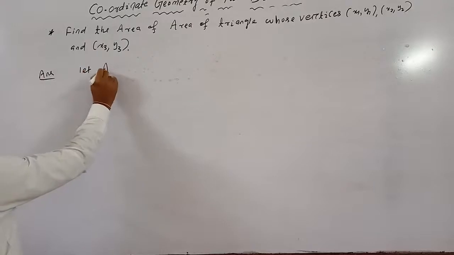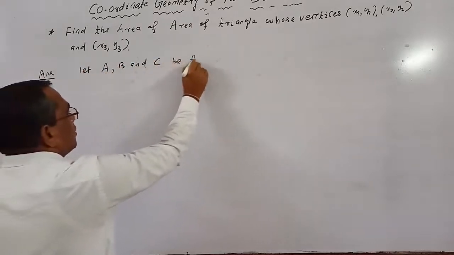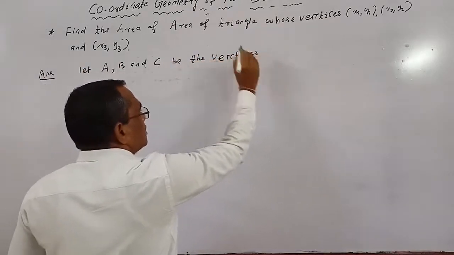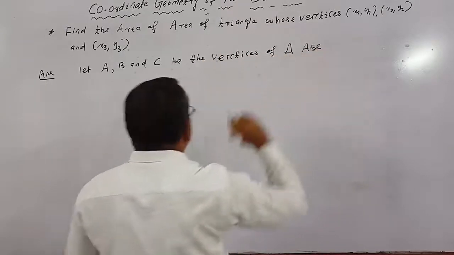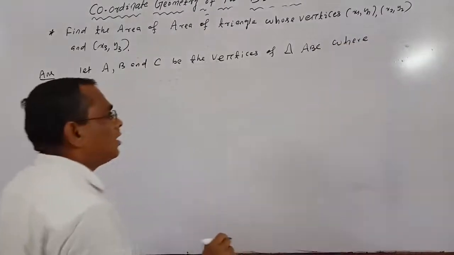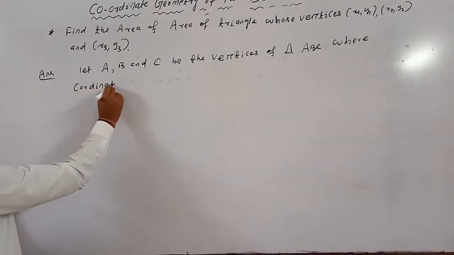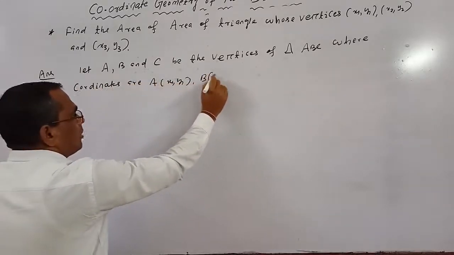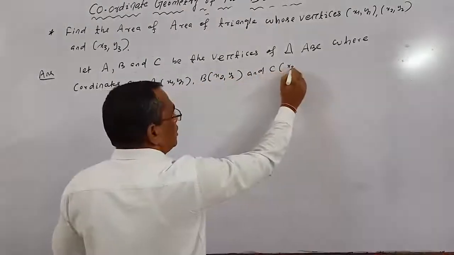Let A, B and C be the vertices of a triangle ABC, where the coordinates are A(x1, y1), B(x2, y2), and C(x3, y3).